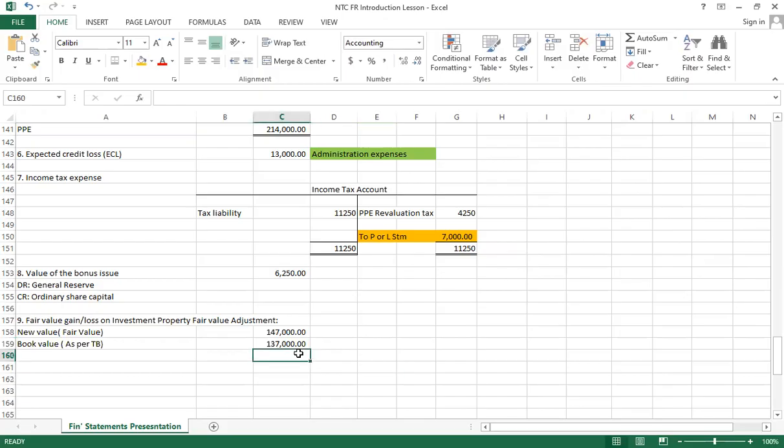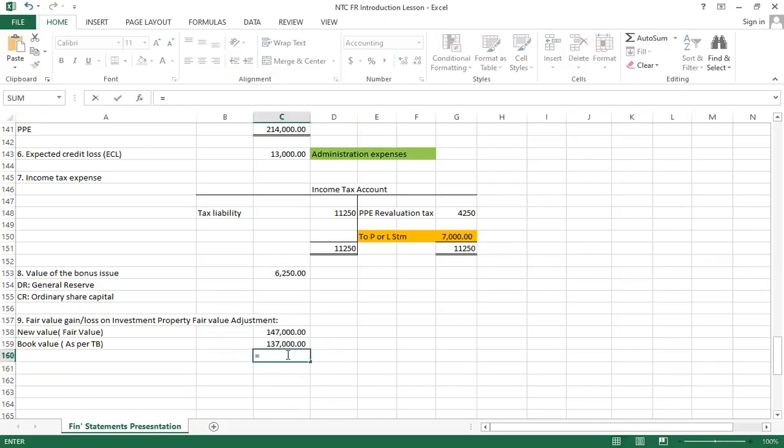When you then compare the two values, we have a difference of 147 minus 137, and this one will be what we call a fair value gain, because the new value is more.